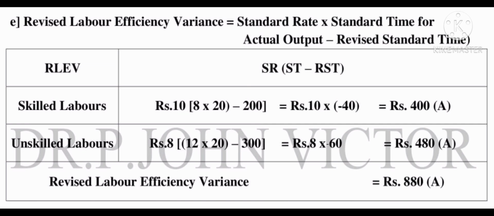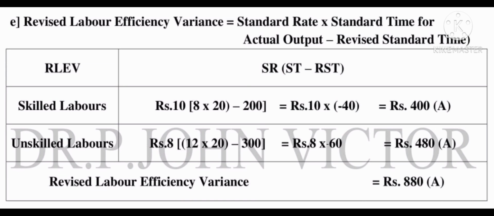Then unskilled labors, rupees 8 is the standard rate, 12 into 20 is standard time, that is 12 workers into 20 hours, minus 300, the revised standard time of unskilled labors, also taken from the previous formula.